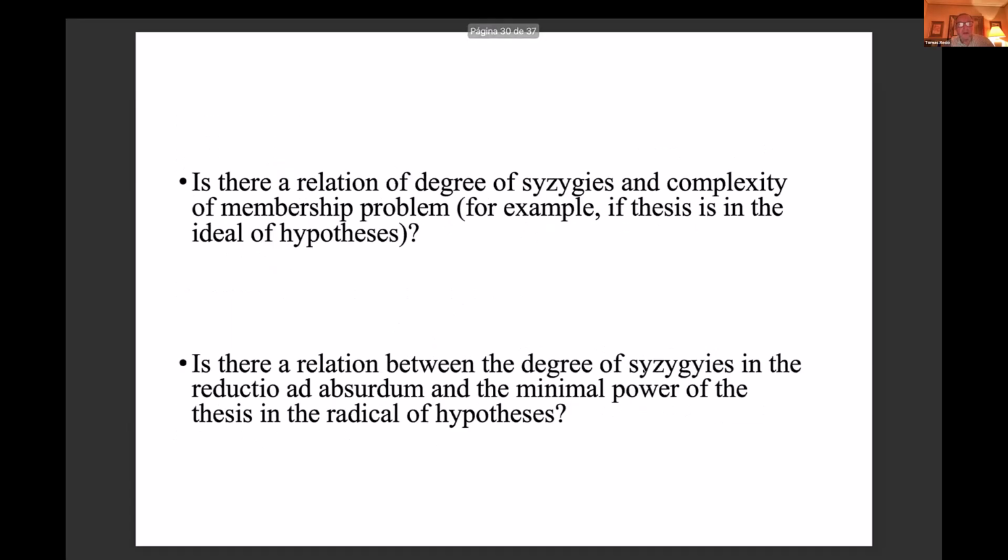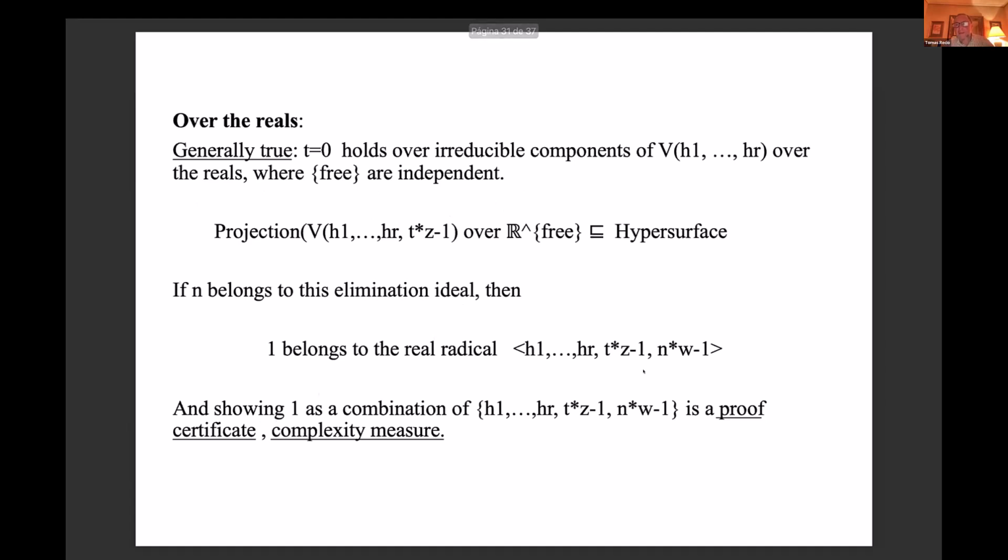I have many questions. For instance, over the reals, I also want statements over the reals, but people who know a little bit about real algebraic geometry know that over the reals, the fact that some ideal is empty is not because 1 belongs to the ideal, it's because 1 belongs to the real radical of the hypothesis and the negation of the thesis.